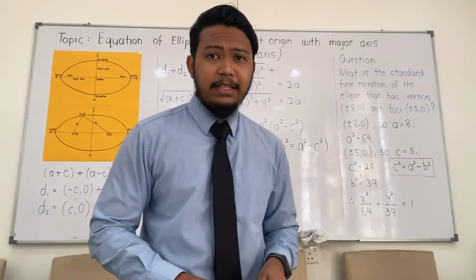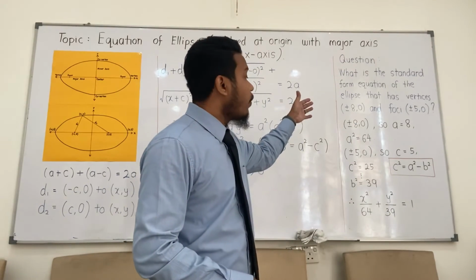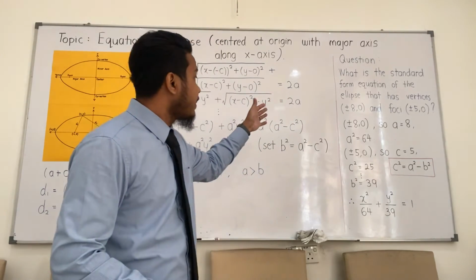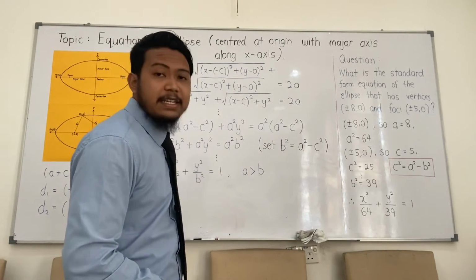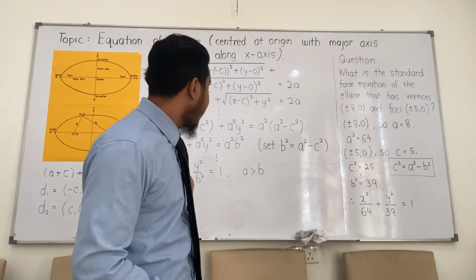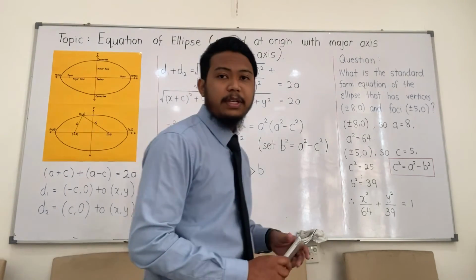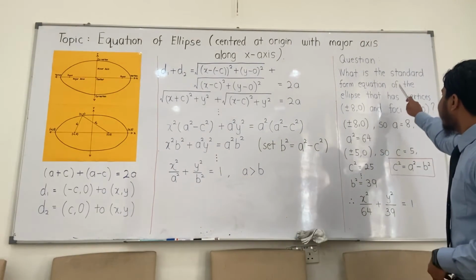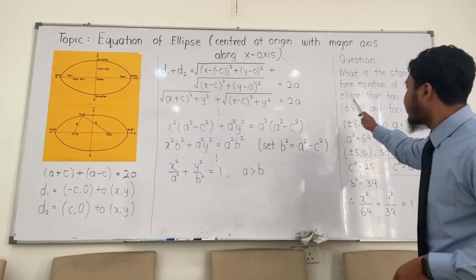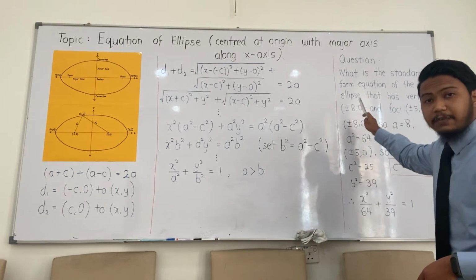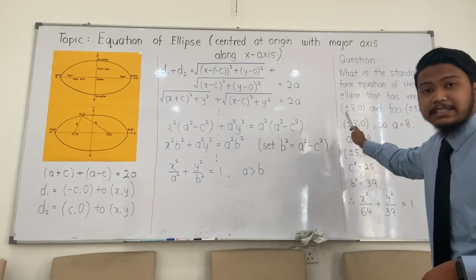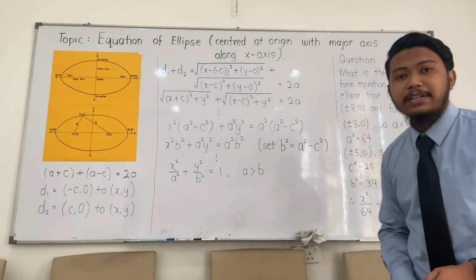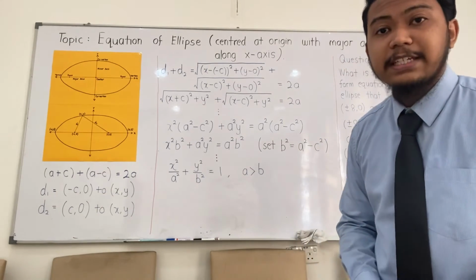Then here is one question that I will solve by using the standard form that we got before. The question says, what is the standard form equation of the ellipse that has vertices plus minus 8, 0 and foci coordinates plus minus 5, 0.